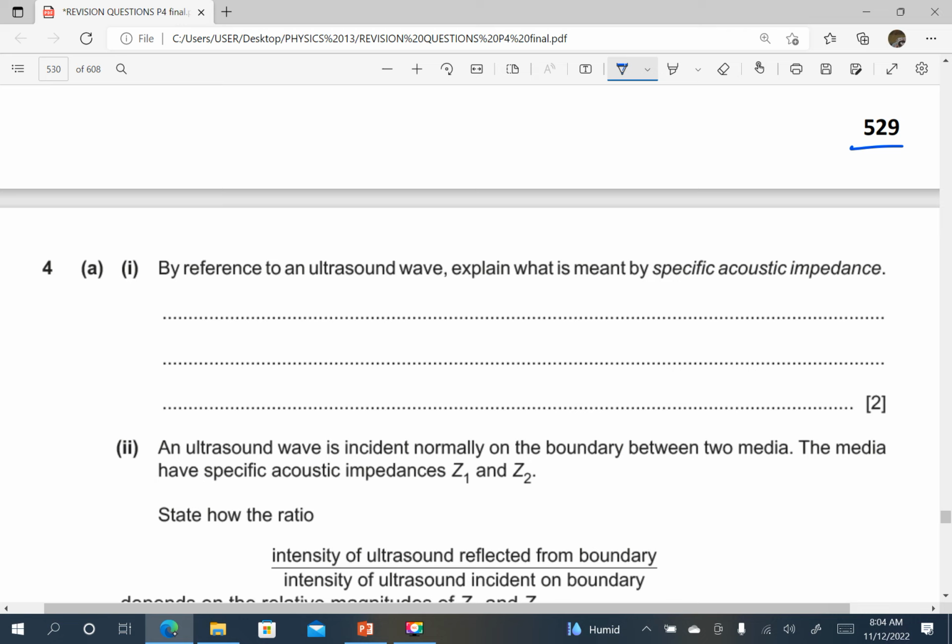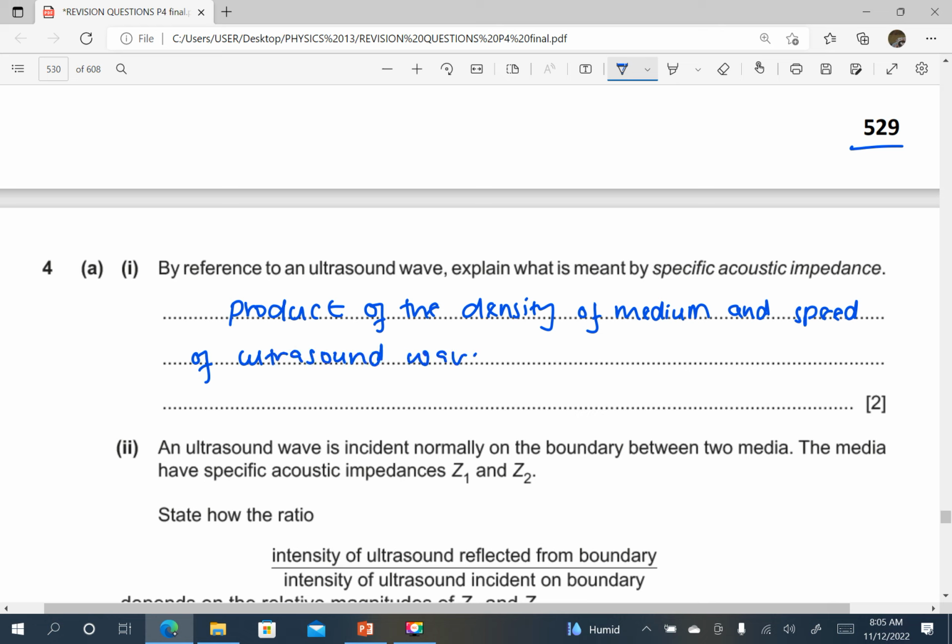That is the product of the density of the medium and the speed of the ultrasound wave in the medium.